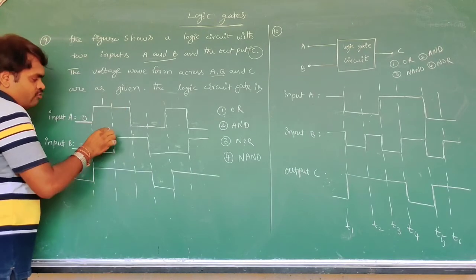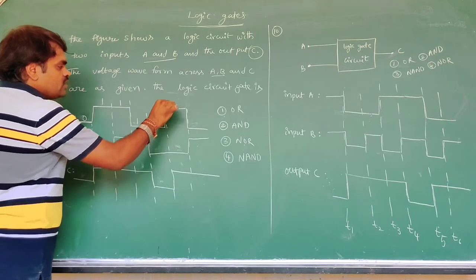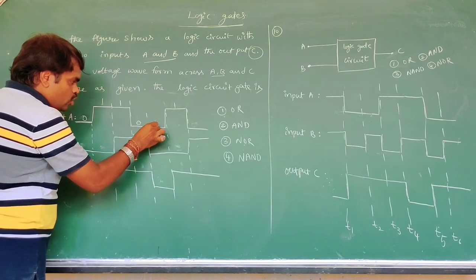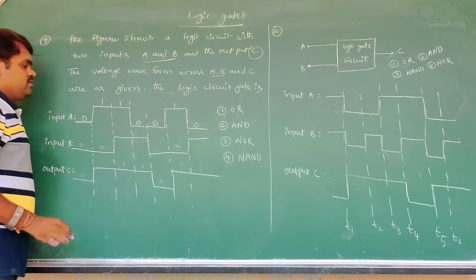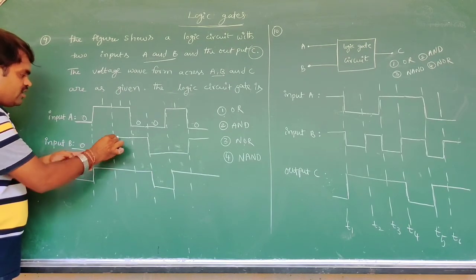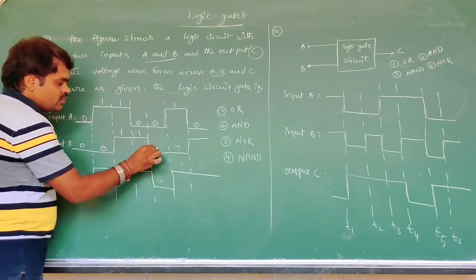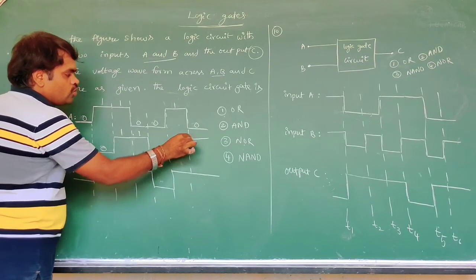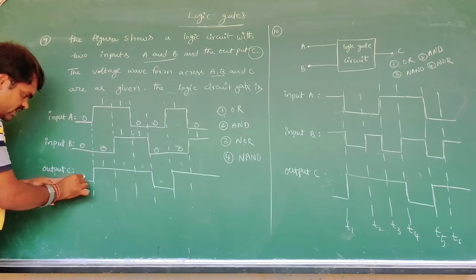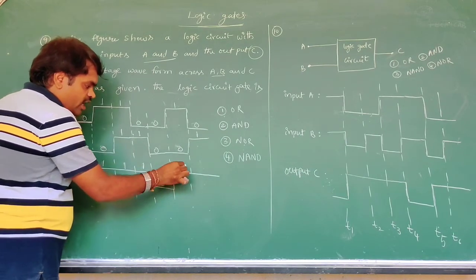Here, over time, this is the high level, here it is the low level, and so on: high, low, low, high, high, low, high, high.